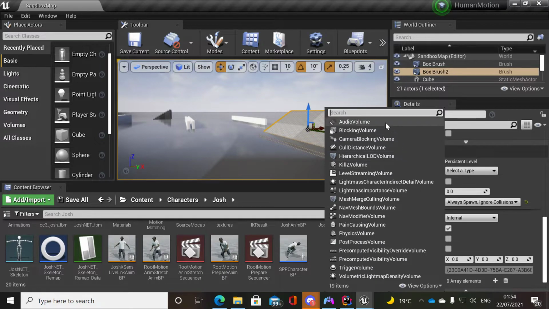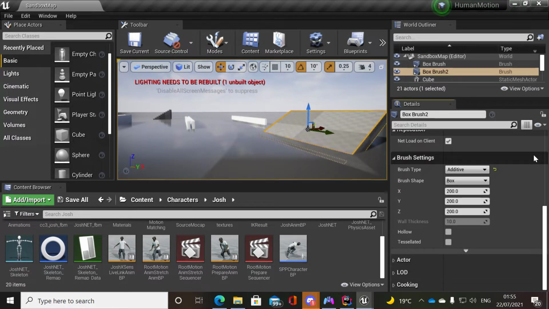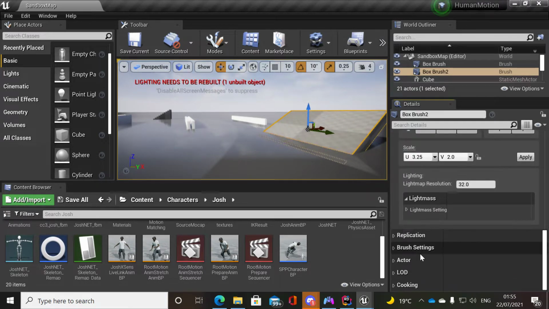What is it? It doesn't have a child, like a static mesh, or you need to create one.